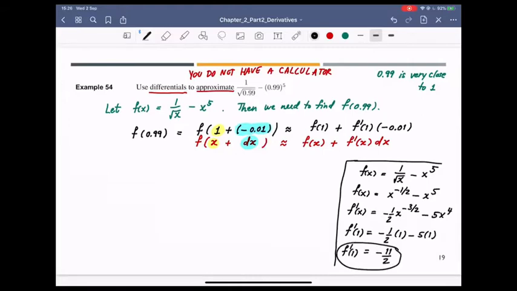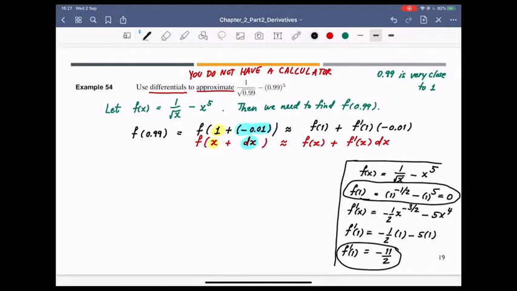Also I can plug in 1 to compute f(1), and I get 0. So f(1) is equal to 0 and f prime(1) is equal to negative 11 over 2.